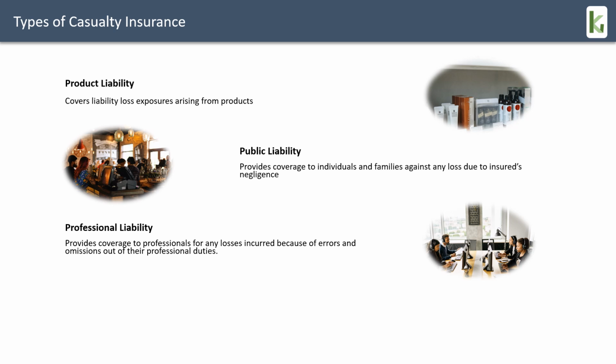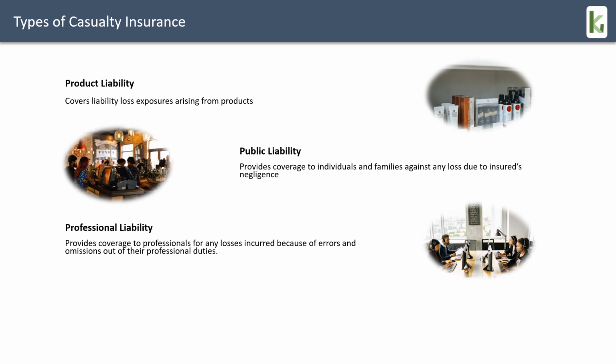Like, for example, if an agent sells you an insurance and there is some coverage that he misrepresented on behalf of the insurance company, then the agent is liable to pay for the losses. But that can be covered under an errors and omissions policy, and that is called professional liability insurance.